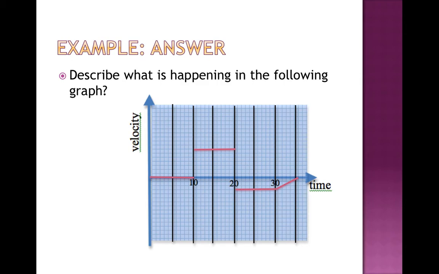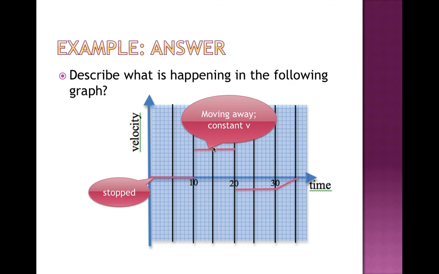Let's look at this first section first. What's happening here? Here it stopped. The velocity is 0 for all time. In this section, what's happening? Well, we're positive velocity, so we're moving away, but we're flat, so we're at a constant velocity.